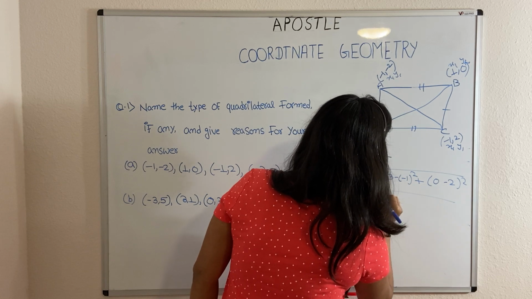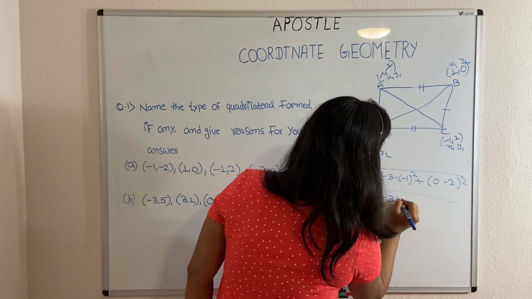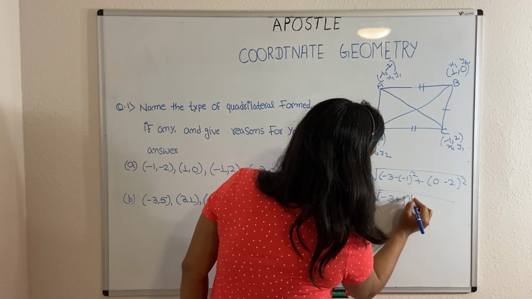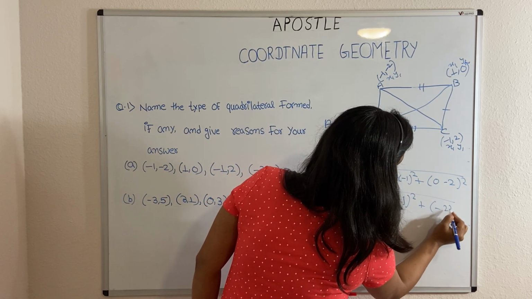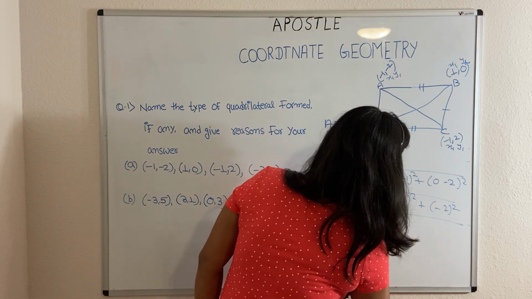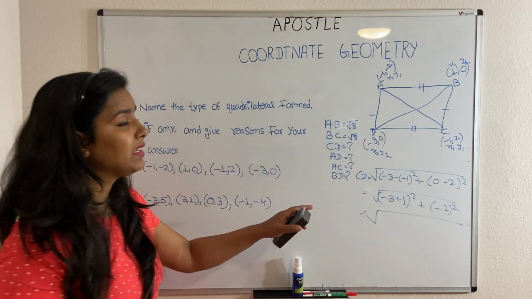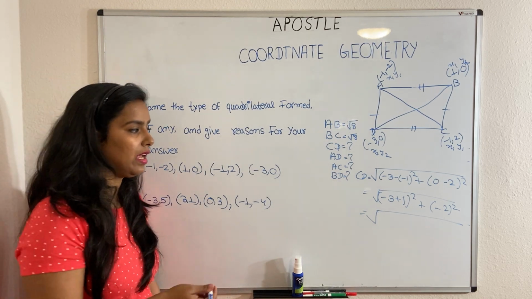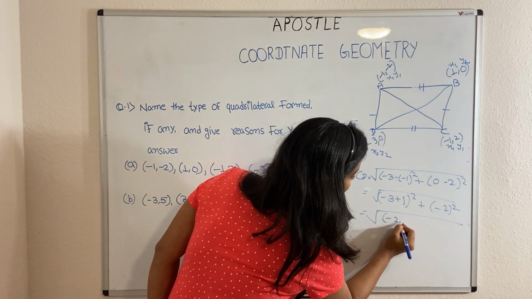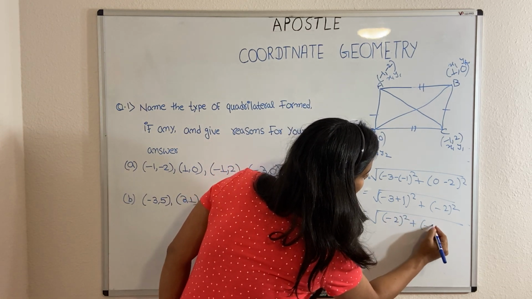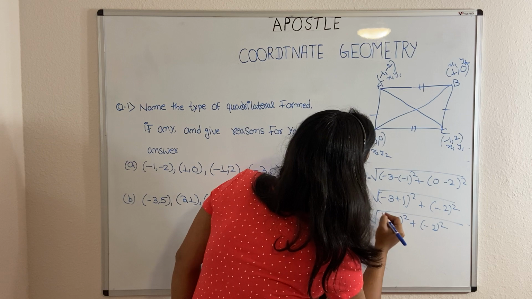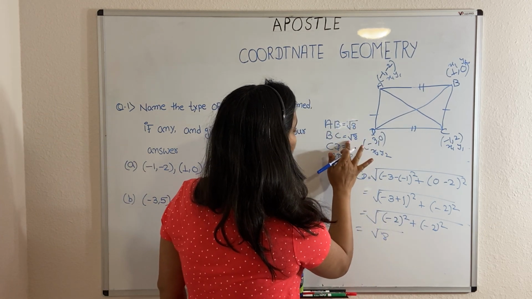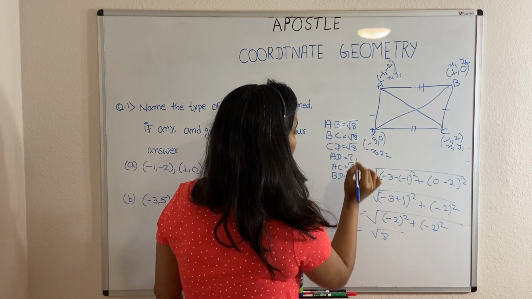So here minus 3 plus 1 whole square and minus 2 whole square. One important thing is minus 3 plus 1, then our answer comes out to be minus 2 whole square plus minus 2 whole square, and that is equal to root 8 only. So our CD is also coming out to be under root 8.